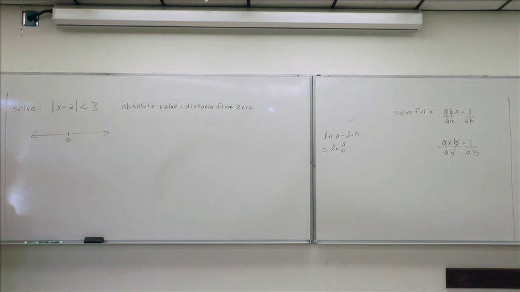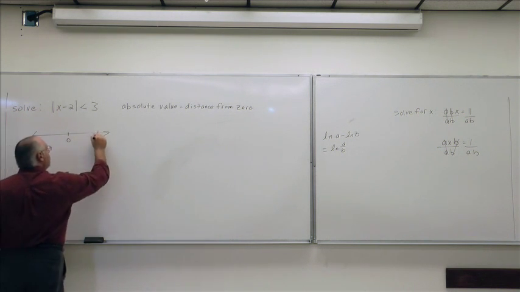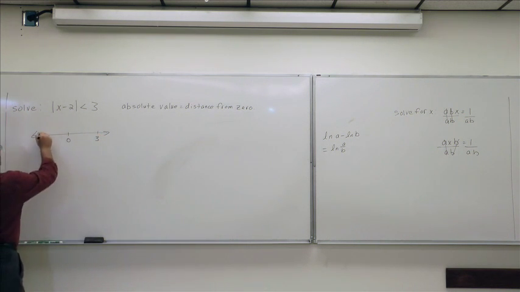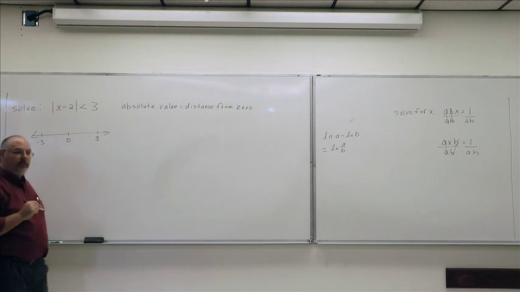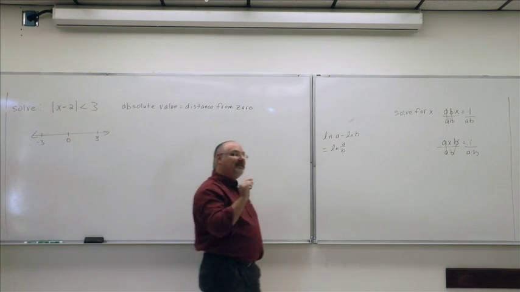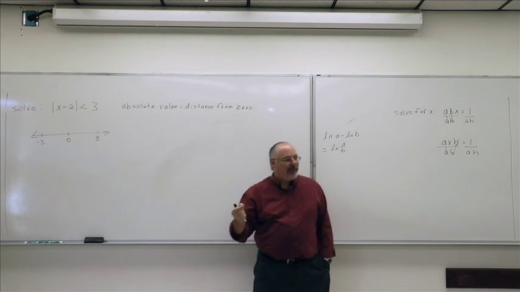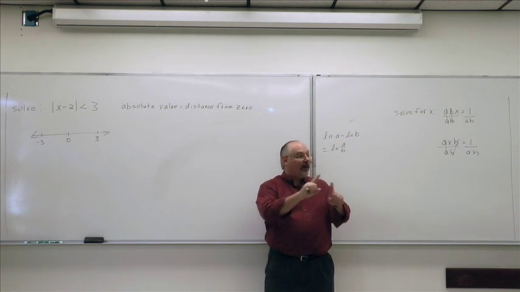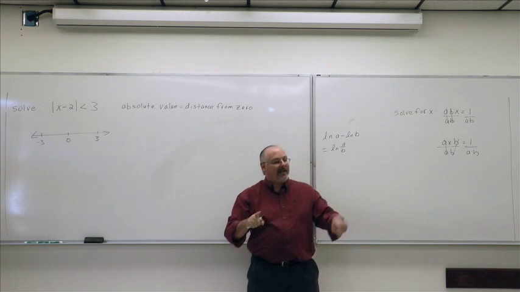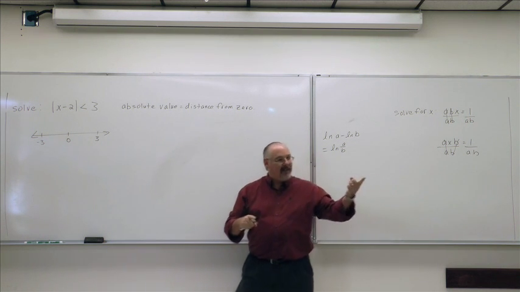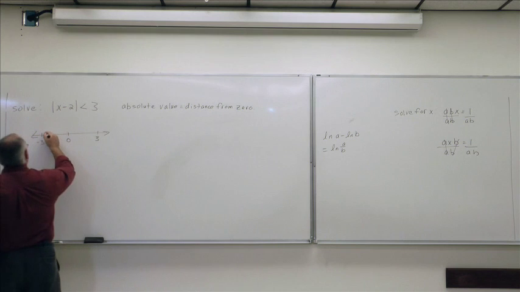You're at 3, or you're at -3. Now, if your distance is somewhat less than 3, where could you be? Somewhere in between, but not including -3 and 3. So we're somewhere in here.